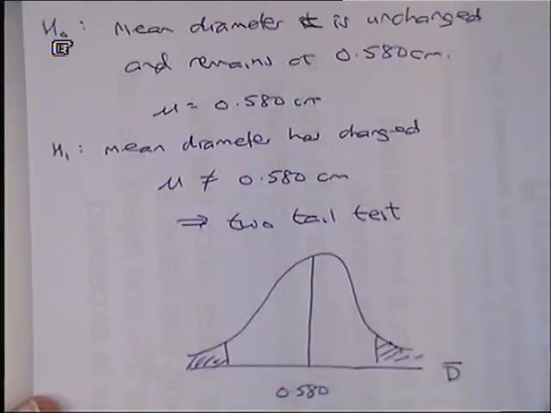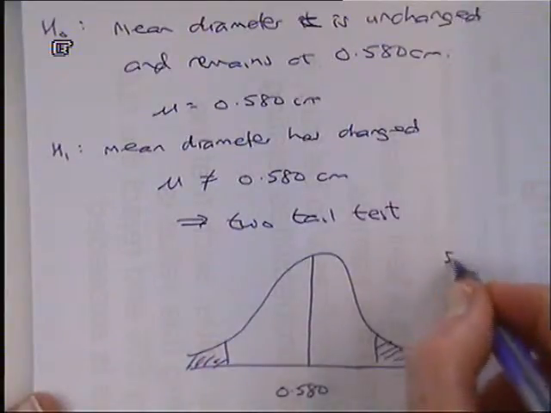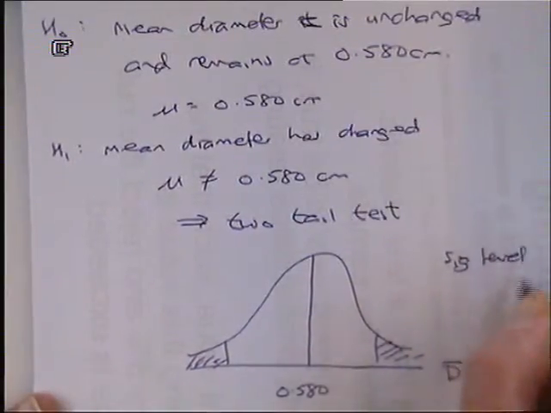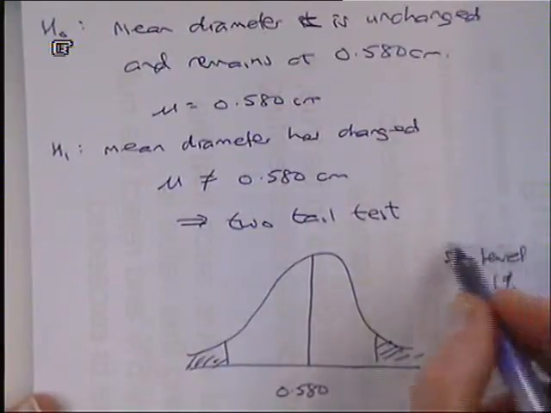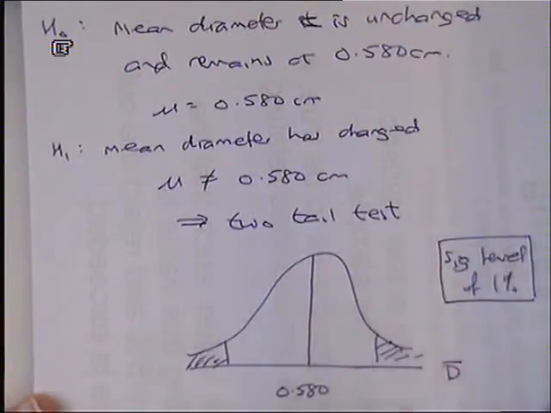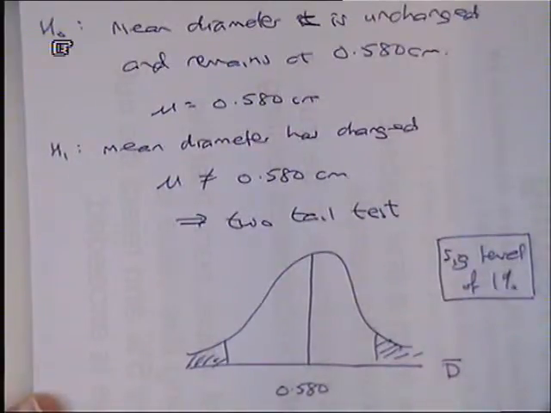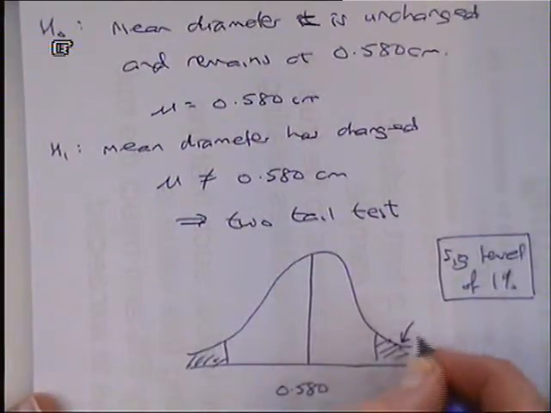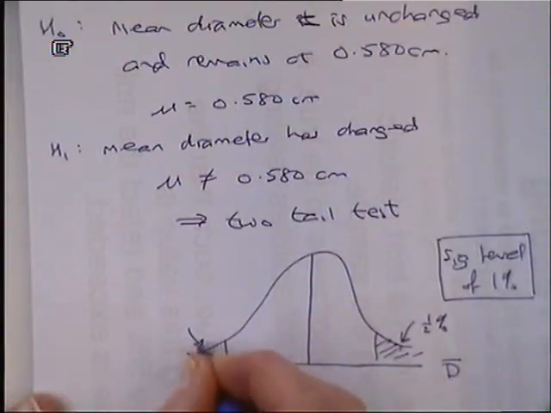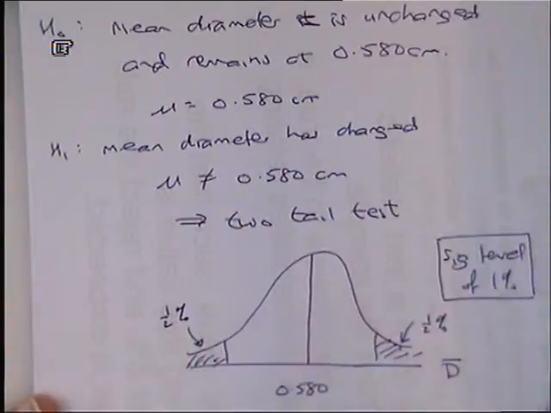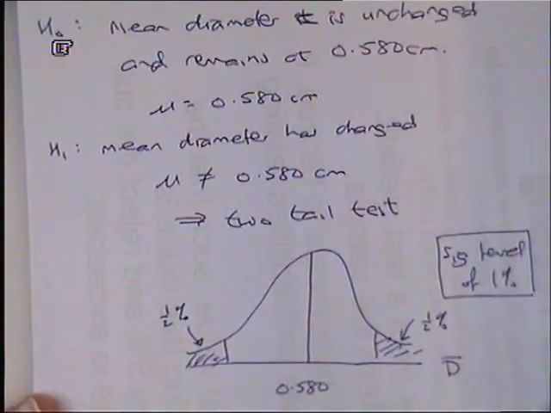Now, step 2 was the significance level. What significance level are we told to use in this test? Significance level of 1% we were told to use. So that 1% has to be split between these two tails. So that tail there is going to be 0.5%, and that tail there is going to be 0.5%, so that our tails together are the 1%.